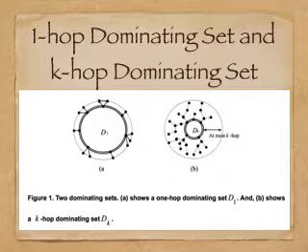So if we continue shrinking, you can just by intuition see from Figure 1b that this is a k-hop dominating set. What does that mean?